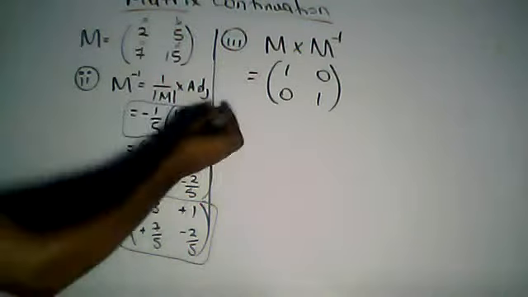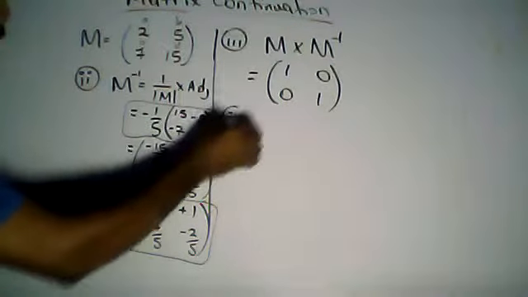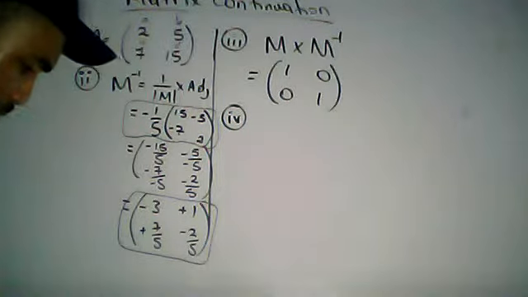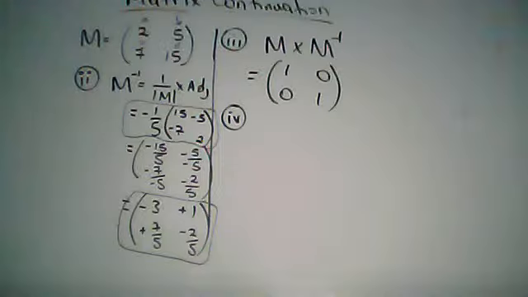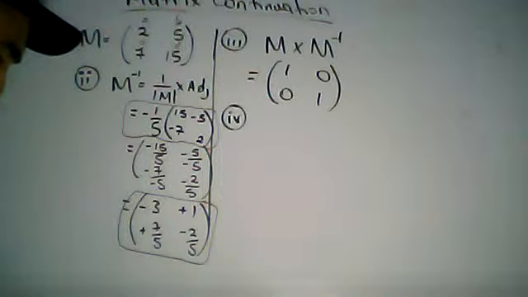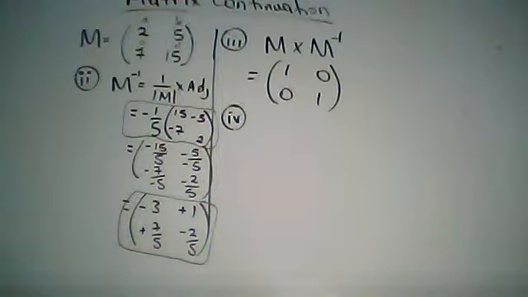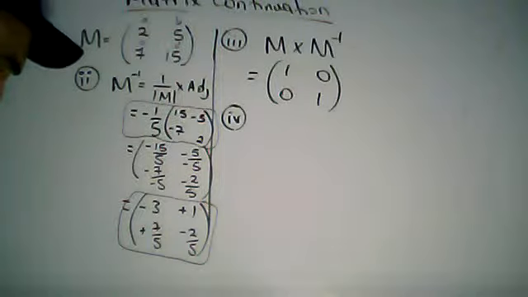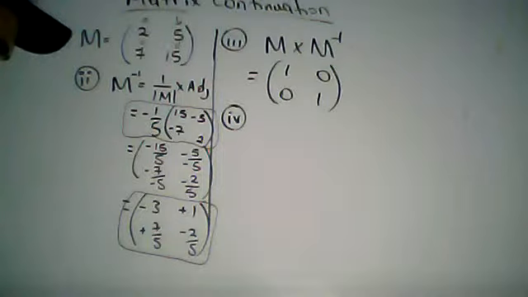So the last question, by the way, I'm going to read and write it down for me. They said pre-multiply both sides. Pre-multiply both sides of the following matrix equation by.